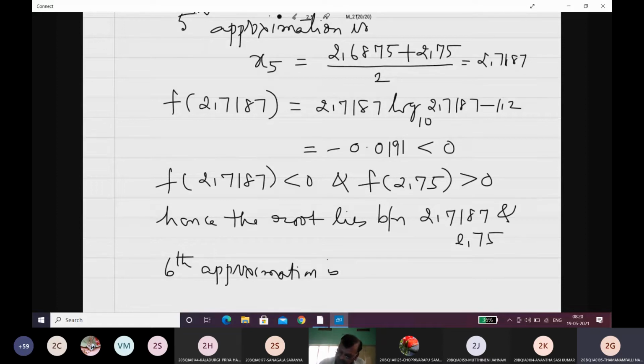The sixth approximation is x6 is equal to 2.7187 plus 2.75 by 2. What is this value? 2.7343.